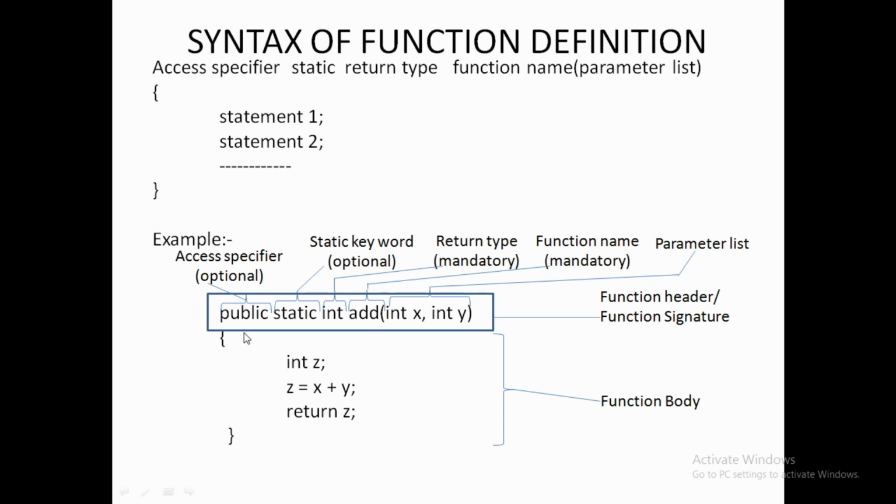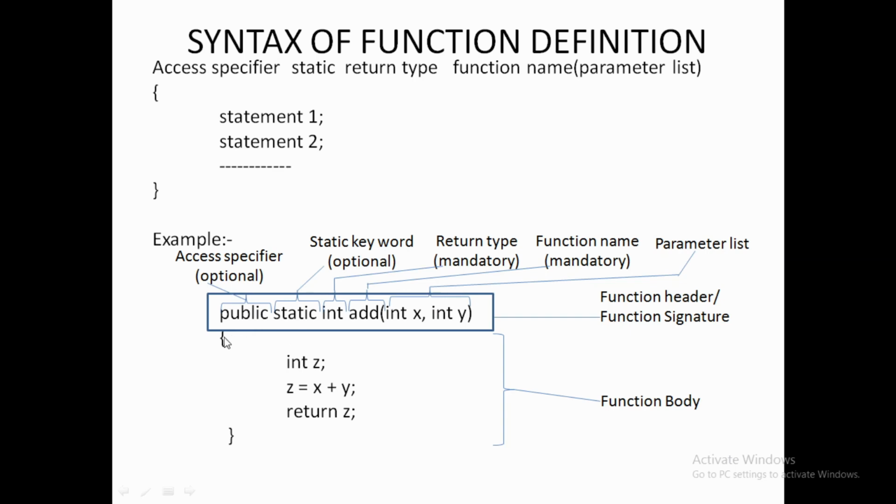An example of function definition is also shown here. As you can see here, the access specifier is public, then the static keyword, then the return type, here it is int, then the name of the function, that is add, and then two parameters x and y, and the data types of x and y are int and int respectively.